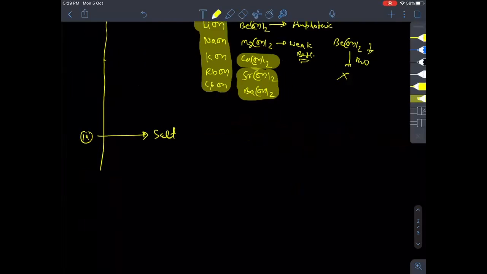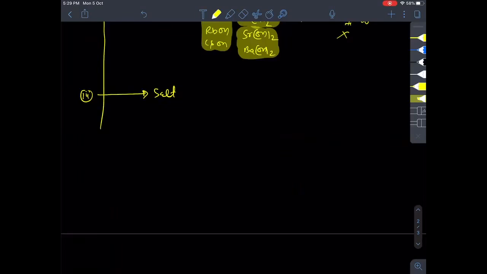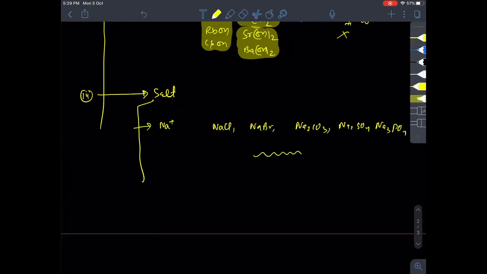Specifically, most of the salts of Na plus: you take NaCl, NaBr, Na2CO3, Na2SO4, Na3PO4, long chain fatty acid with sodium, any compound, when you put it in water it breaks completely.